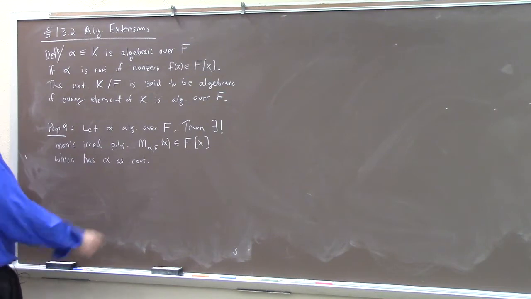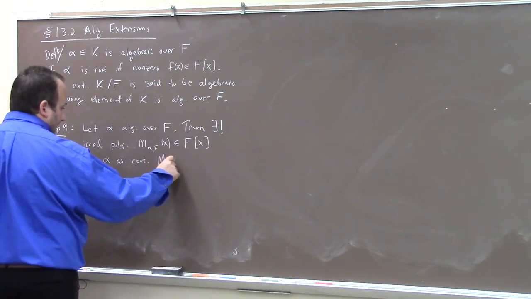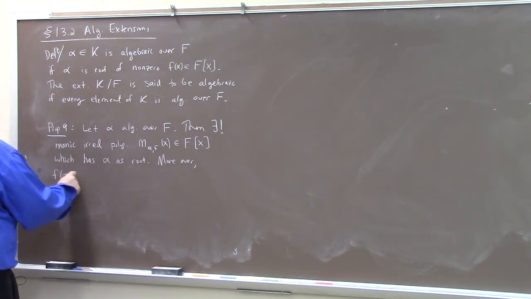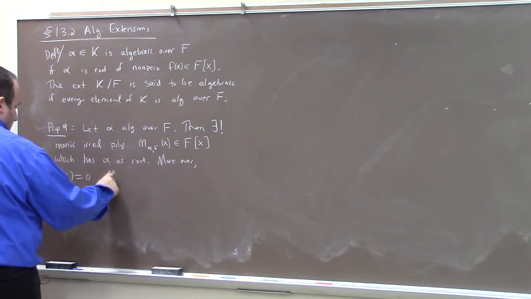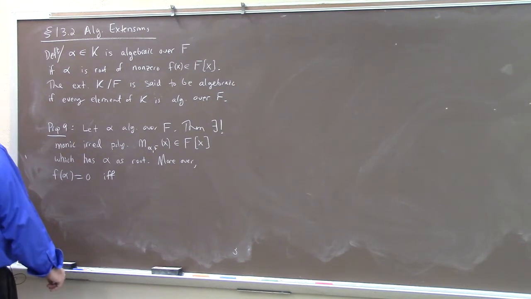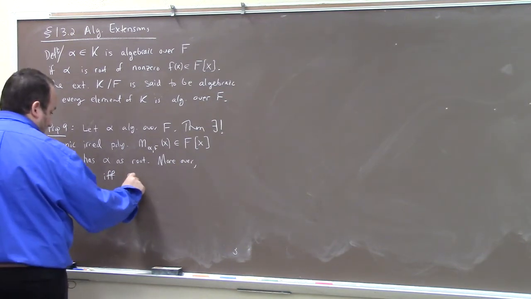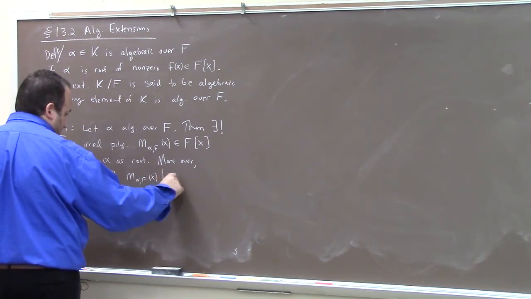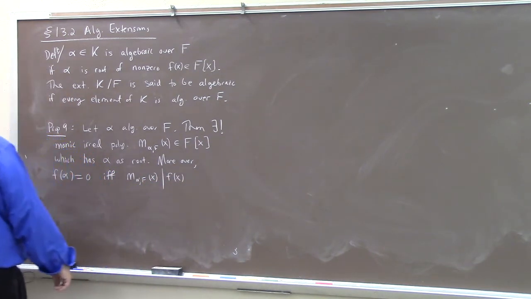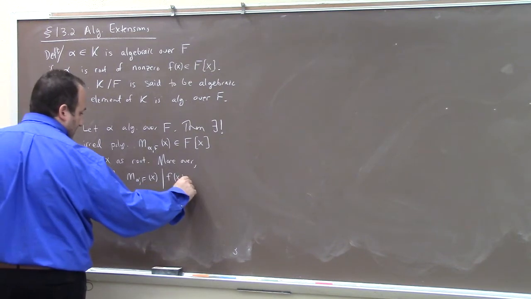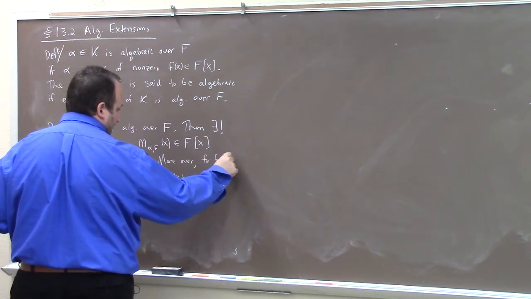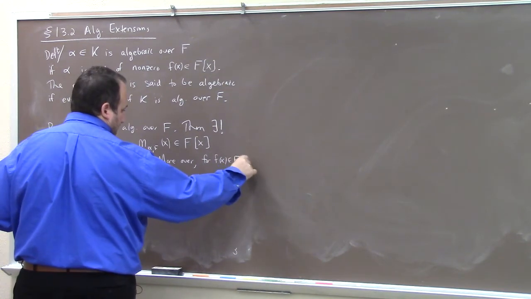And moreover, f of alpha equals 0 if and only if m sub alpha comma F of x divides f of x, for f of x a polynomial with coefficients in F.